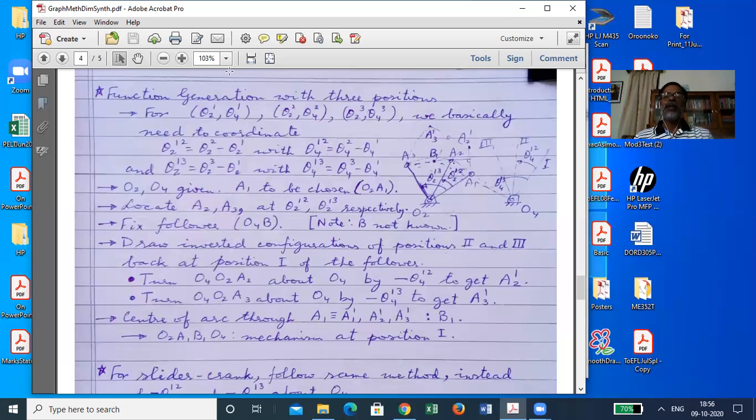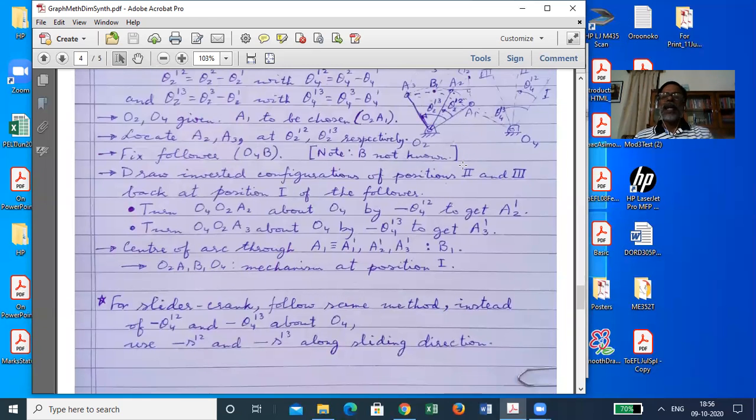Now function generation, rather than with a 4-bar, you can do with a slider crank also. Exactly the same steps will be followed, except for these two turnings, minus theta 4,1,2 and minus theta 4,1,3 about O4, you will use minus S12 and minus S13 along the sliding direction.